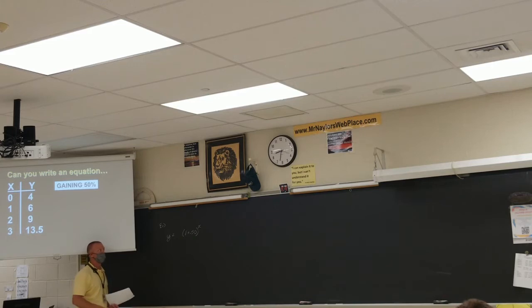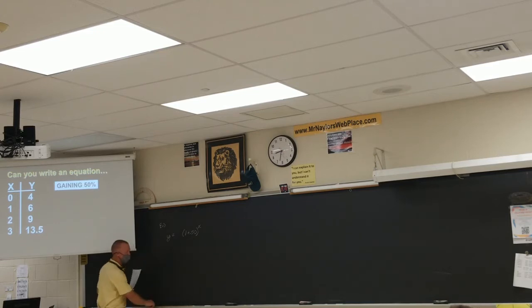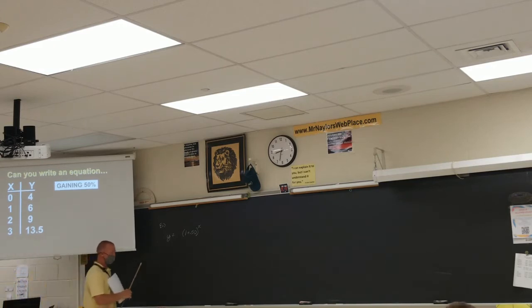The formula seems a little bit incomplete, and that's because it's missing the initial value. The initial value is not really a trick question. It's just a number that matches up with 0. So we don't have to think too much about that. We can just say it's 4.